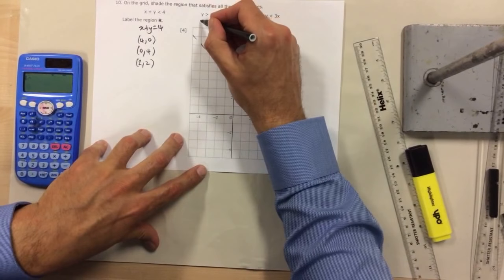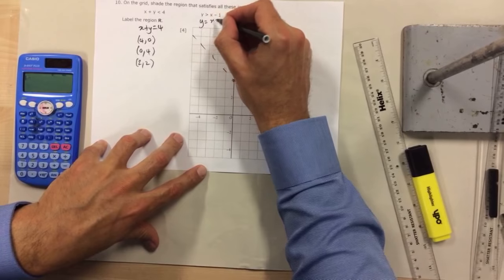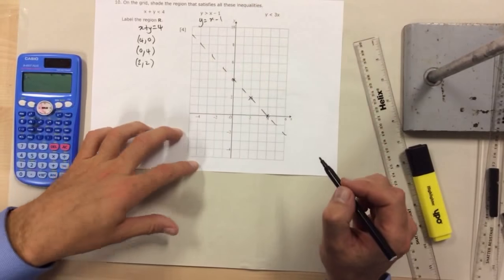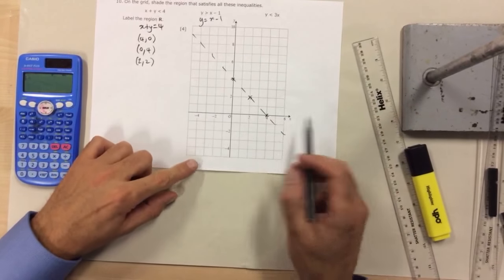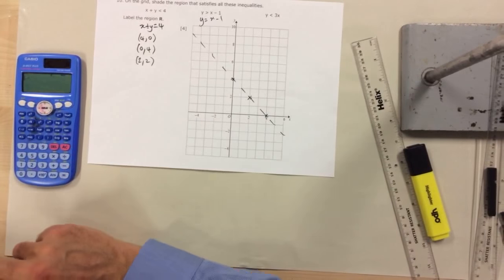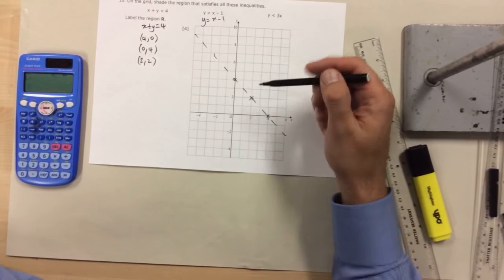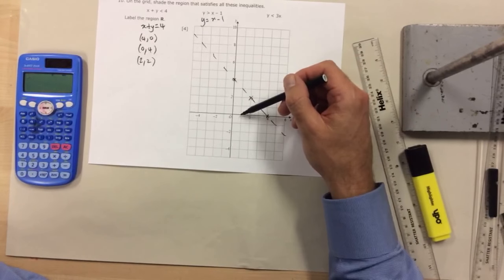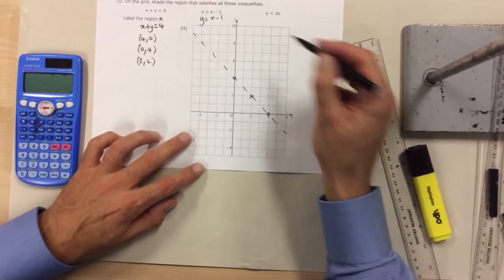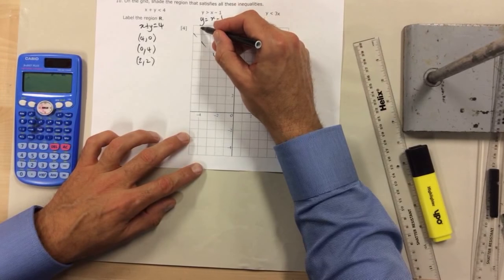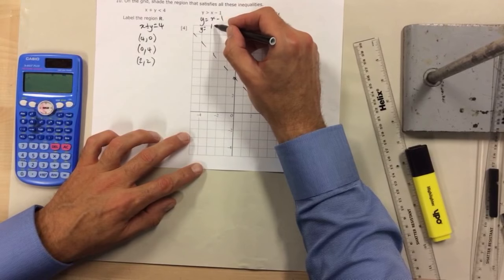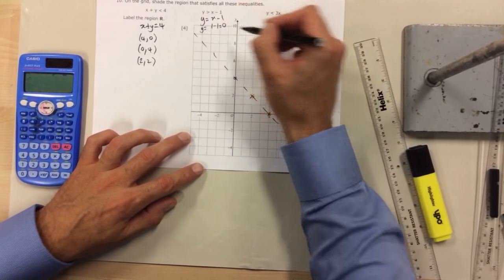So this one, we've got y equals x minus 1. Okay, so looking at my graph, I could maybe choose some suitable x values. Well, a nice x value might be 1, might be 2, might be 3. So if x is 1, I'm going to get y equals 1 minus 1, which gives me 0.